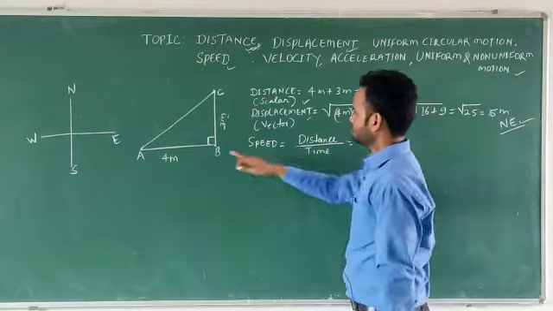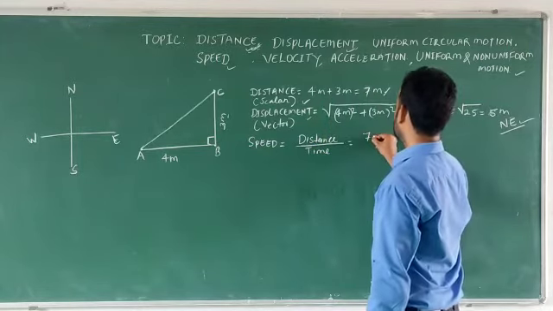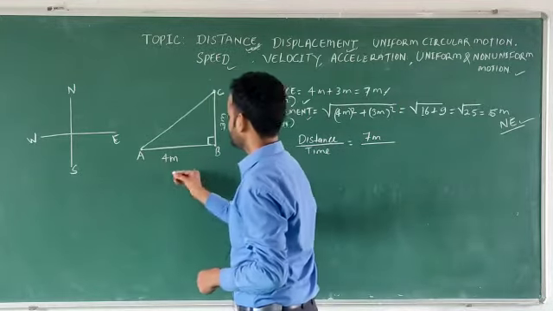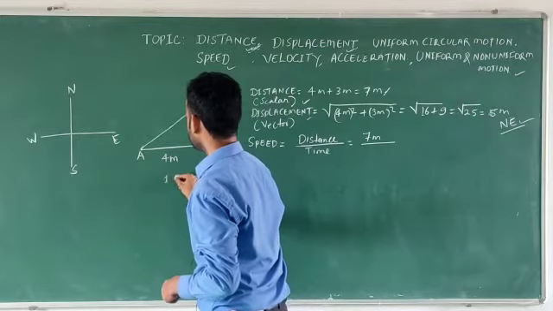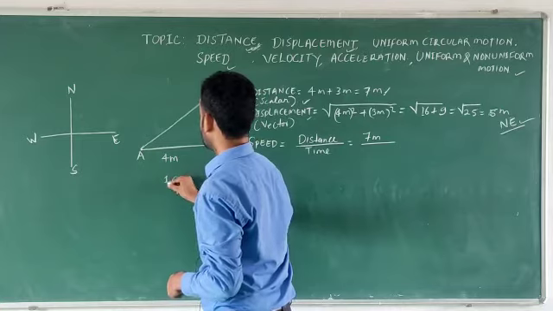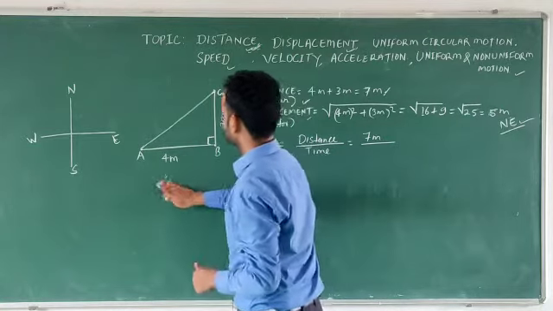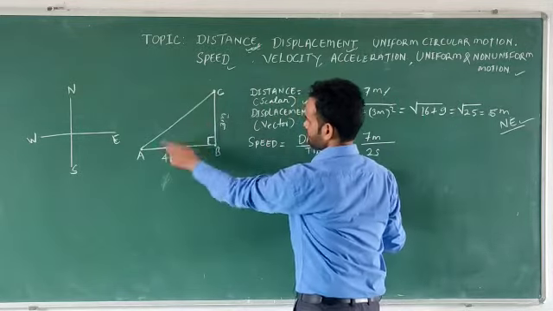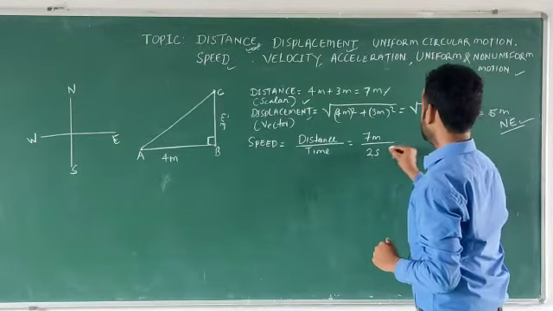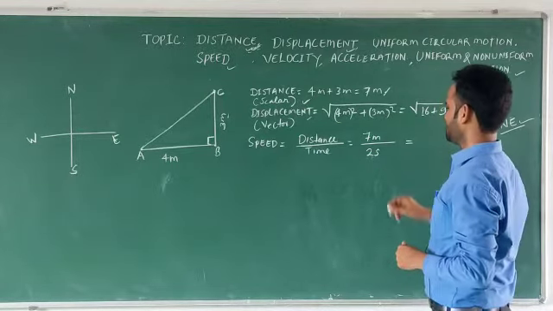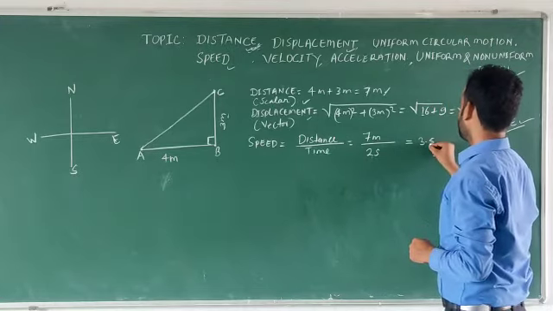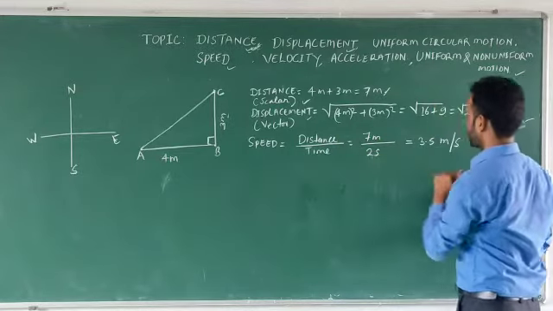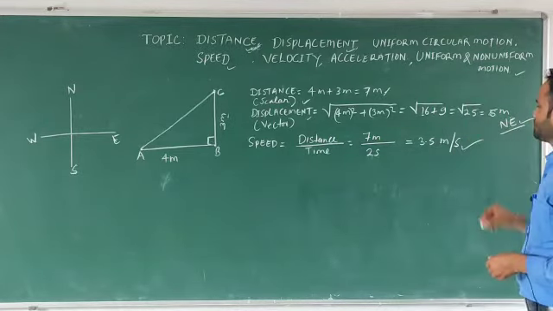So let's assume the distance is 4 meter and 3 meter, that is 7 meter, and let us assume it takes 2 seconds to reach from A to C. Then it would be 7 divided by 2, that means 3.5, and its unit would be meter per second, because distance is in meter and time is in second. So the SI unit of speed is meter per second.